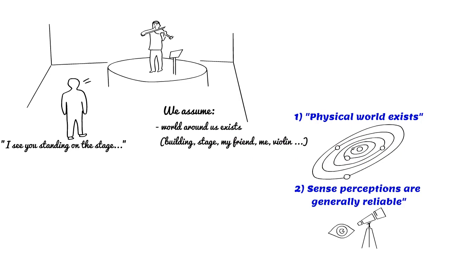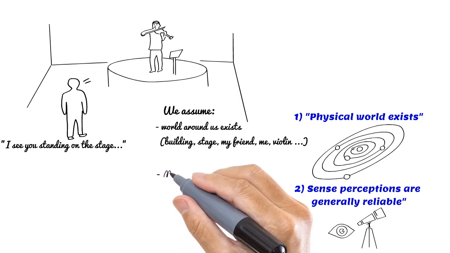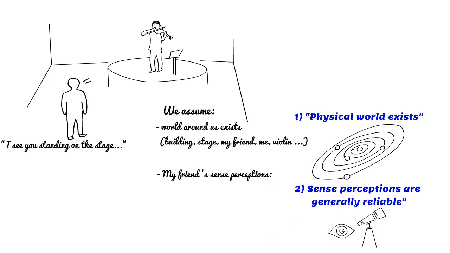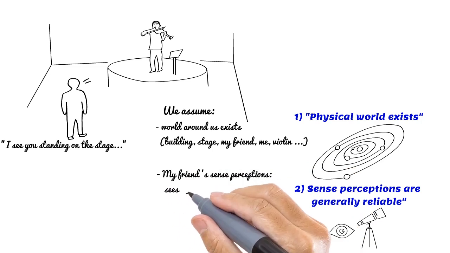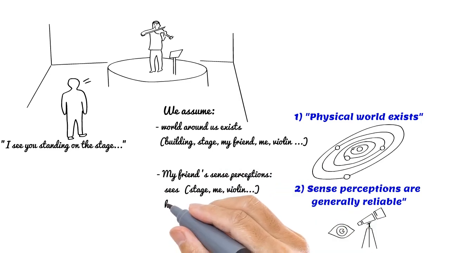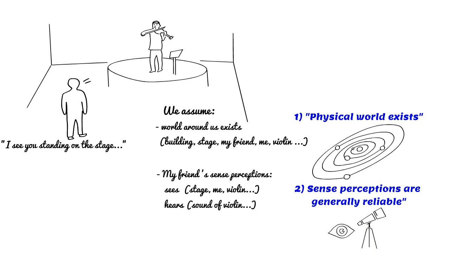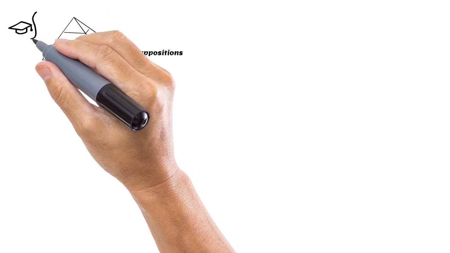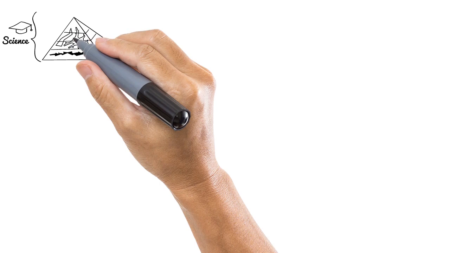How things interact with each other can be analyzed, for example, by my friend's sense perceptions, like vision and hearing. So his vision perceives a stage, me standing on a stage and holding a violin. His hearing receives specific sounds to further understand that I'm not only holding and shaking the violin, but also playing it. If we cannot accept and believe the scientific presuppositions underneath science, we cannot trust the whole of science at all, because science is based on its presuppositions.